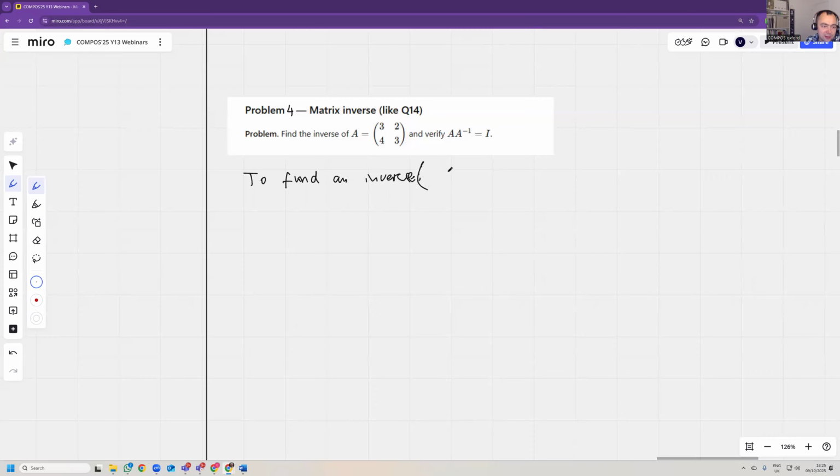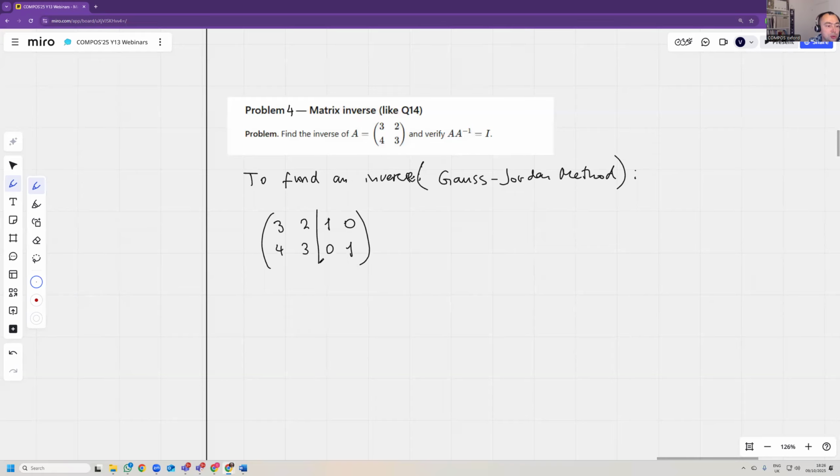Yes, the Gauss-Jordan method. You write the matrix, so [3, 2; 4, 3]. Then you write a vertical line, and then you draw the identity matrix next to it.